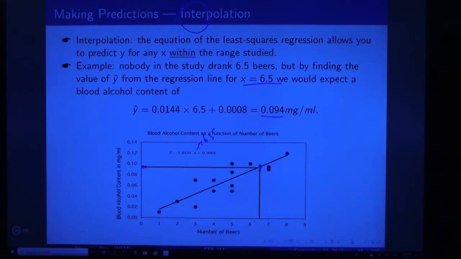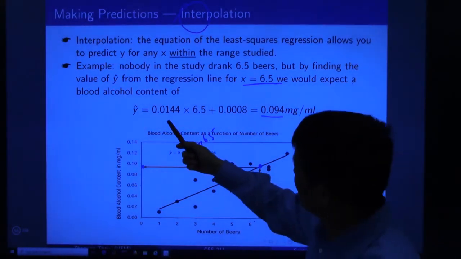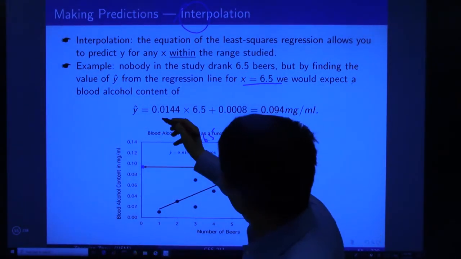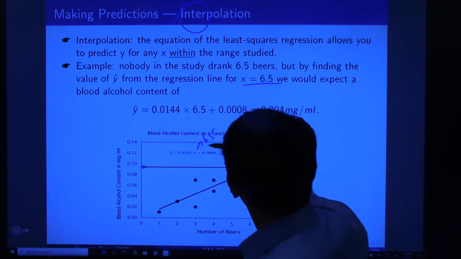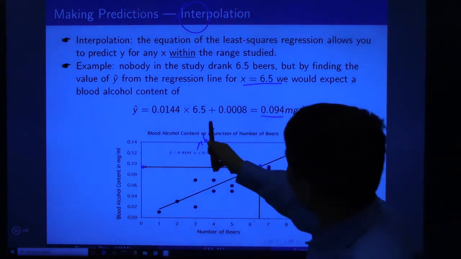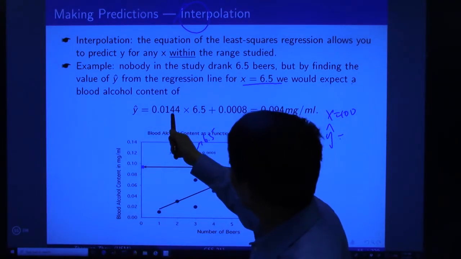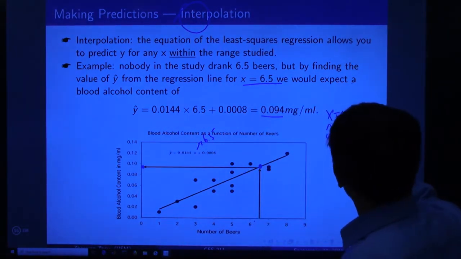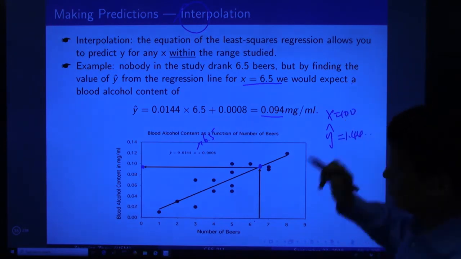Next, how about if I ask, what is the blood alcohol level if you drink 100 beers? It seems easy. We just plug in x equals 100, then y hat equals 100 times this plus this, and that will be 1.44 something.